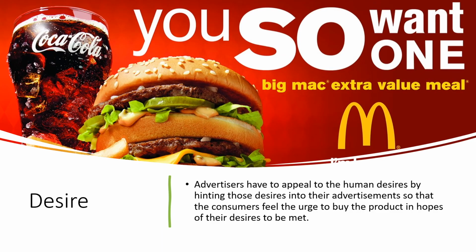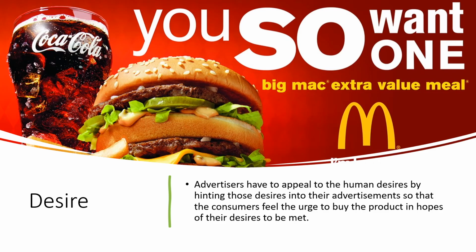Now we move to the D in our AIDA principle, which stands for desires. Advertisers have to appeal to human desires by hinting at those desires in their advertisements so that the consumers feel the urge to buy the product in hopes of their desires being met. Desires can include, for example, just a few: a desire for companionship, a desire for adventure, a desire for wealth, a desire for beauty, and a desire for popularity.